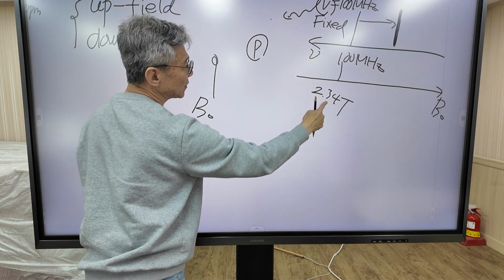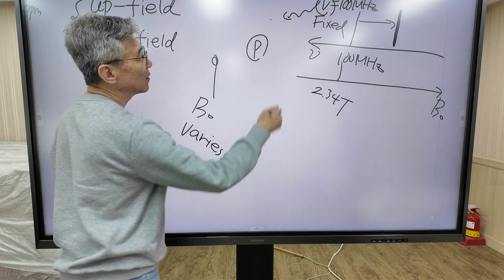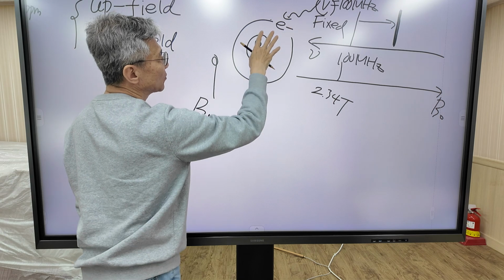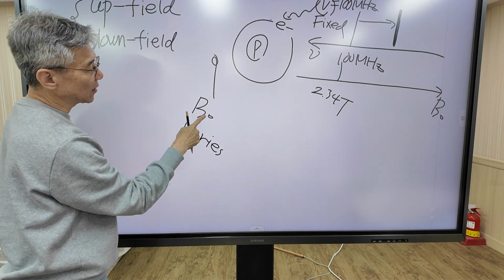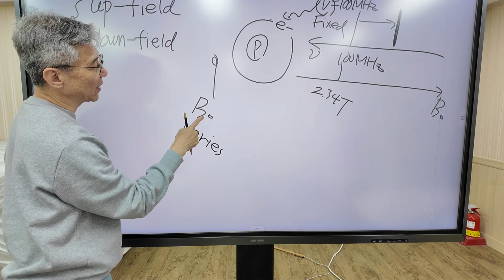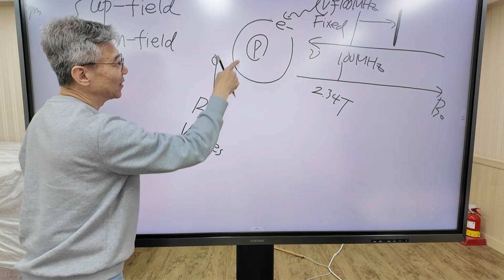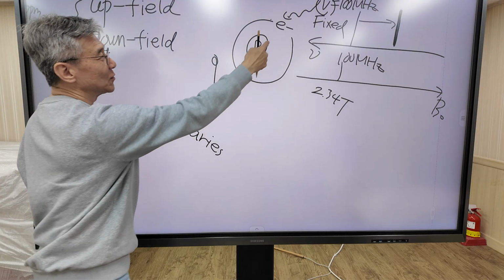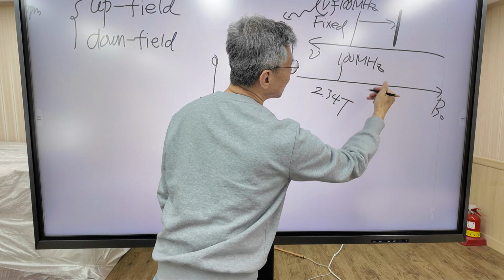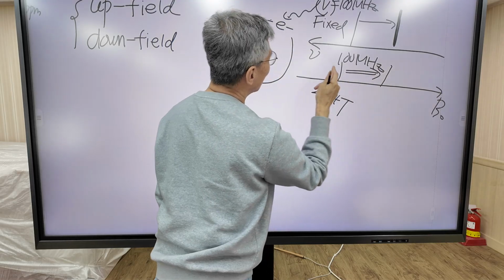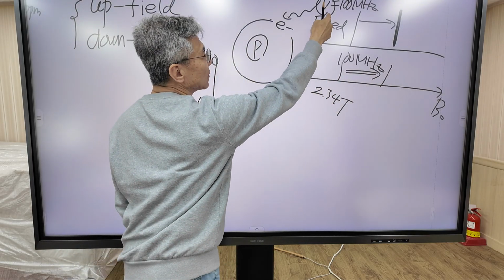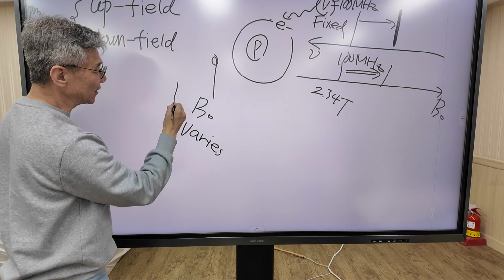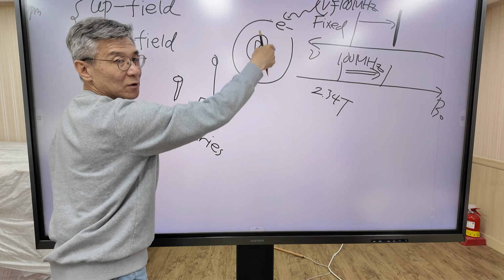Now, when electrons surround the proton, the electron shields the proton, what would you expect? B0 should increase or decrease to resonate the proton? In this case, when the electron shields the proton, B0 should increase, right, to resonate the proton for a fixed frequency of 100 megahertz. B0 should be increased when electrons surround the proton.